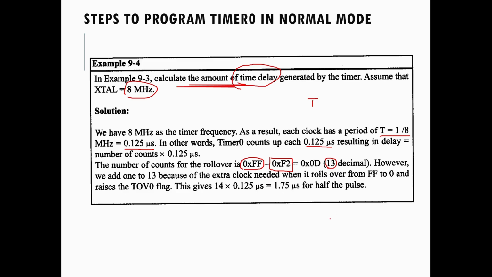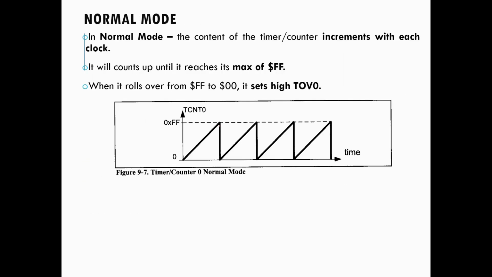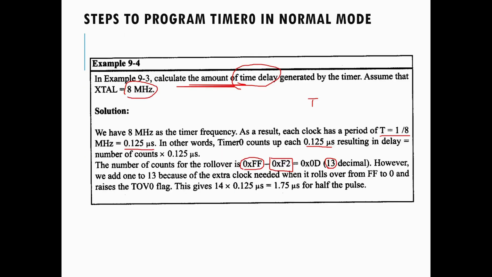This 13 value is from FF to F2. However, we still have the step from FF to 0, as in the previous slide. So we need to add another 1 to complete the amount of time delay generated by the timer.